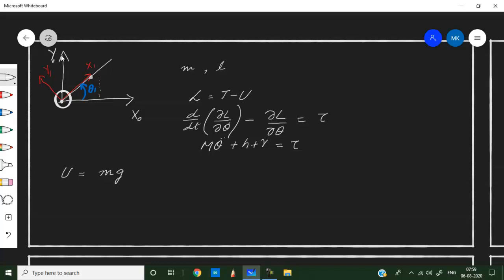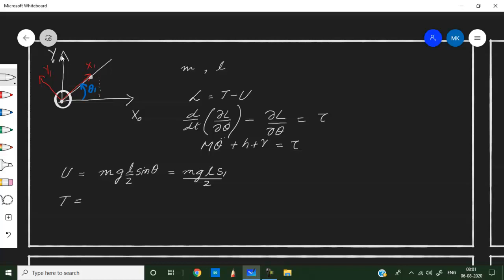We are interested in the potential energy, which is proportional to the height from the ground. So it will be mg L by 2 sine of theta. All right, we can also write it like this: mgL sine theta 1 divided by 2. All right, so this is the potential energy of the system.